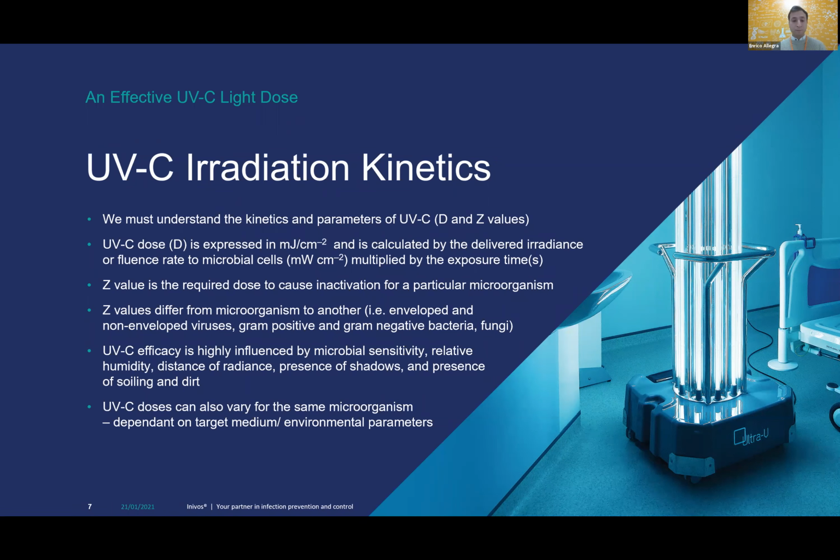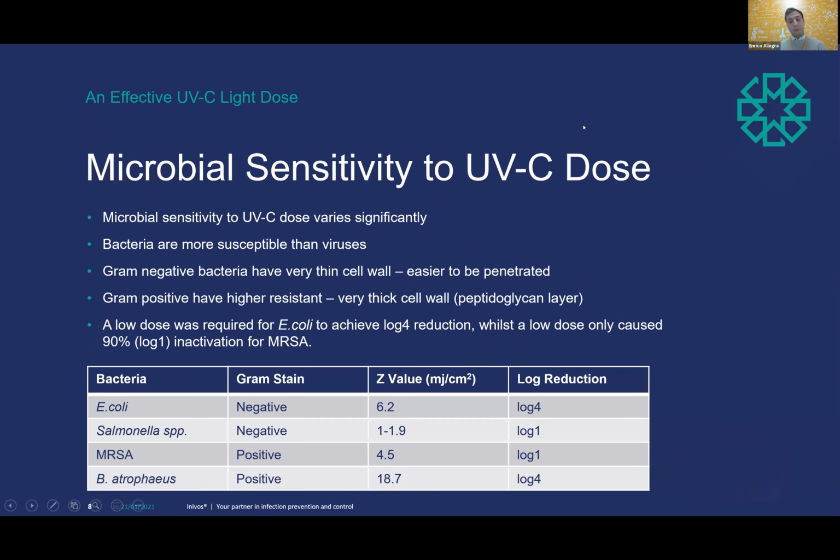So if we move on to my next slide, we have a couple of examples of Z values and, in terms of log reduction, what this means. As I just described, different microorganisms will have different susceptibility to the UVC doses. In the case of bacteria, as we know, there are two main groups, gram-positive and gram-negative.